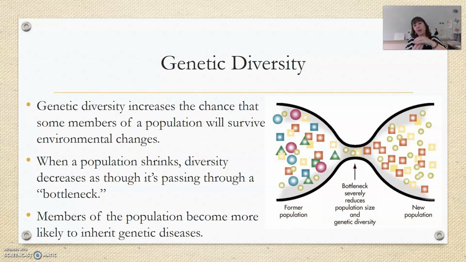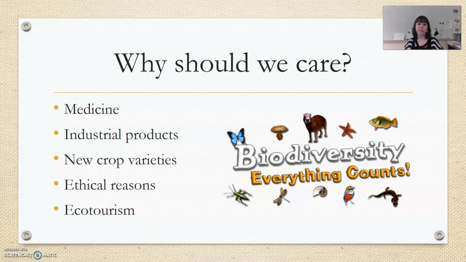But then once they were endangered, once they passed that bottleneck and there were only a few members of that population, even if we're able to reintroduce and increase the population, like with our captive breeding programs in zoos or by reclaiming the habitat, even if their numbers explode, they've still lost a lot of that diversity by not having as many members of the population to contribute those traits there. So they're more likely to inherit genetic diseases. They're more likely to have traits that don't allow them to survive when new conditions pop up.